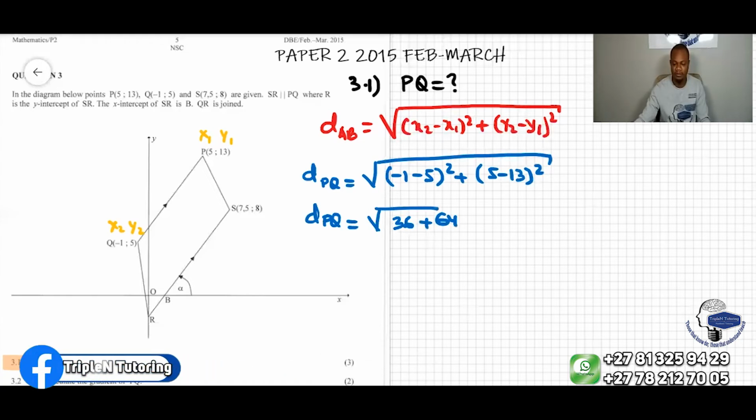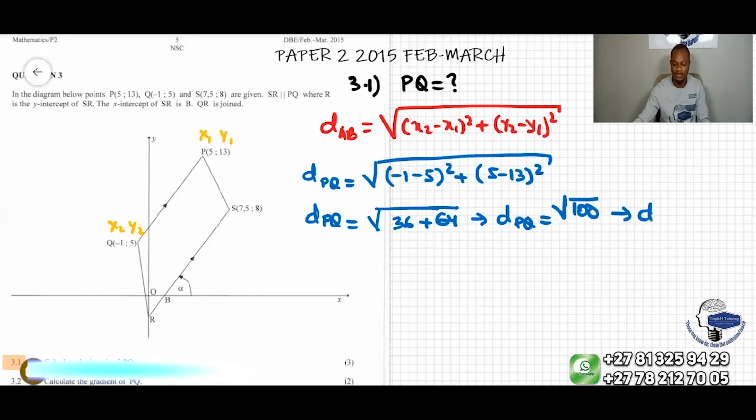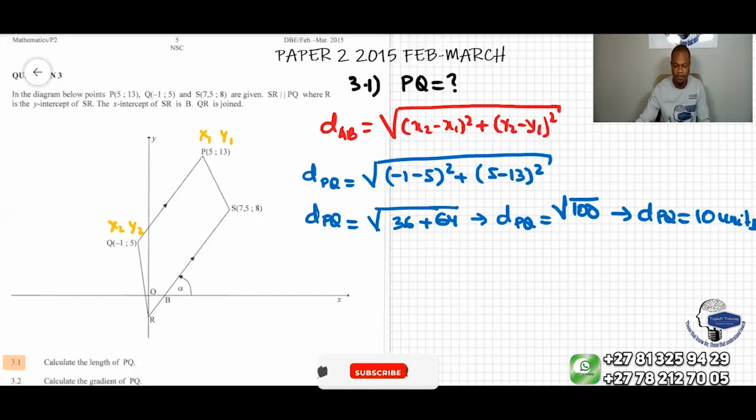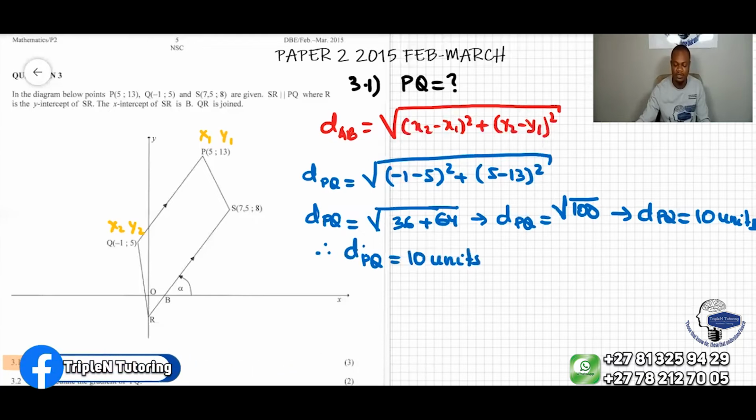Now, the distance PQ will be the square root of 100, and the square root of 100 is equal to 10 units. Therefore, the distance PQ, or the length PQ, is 10 units.